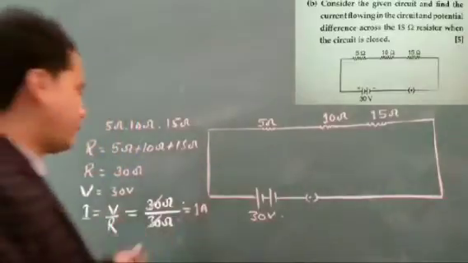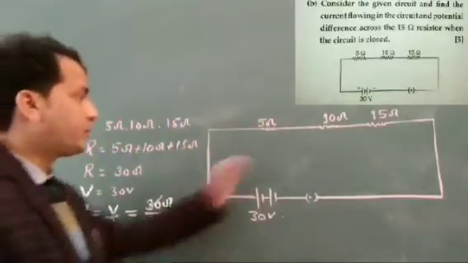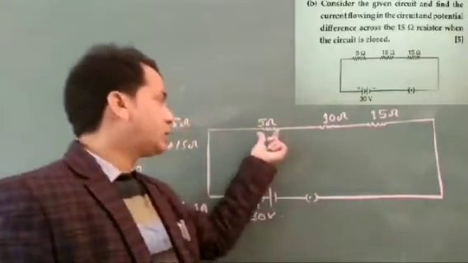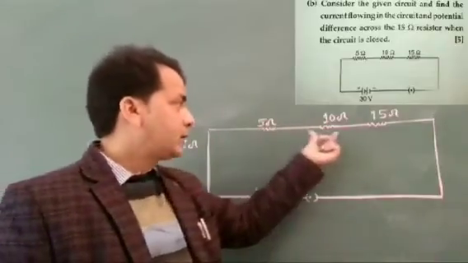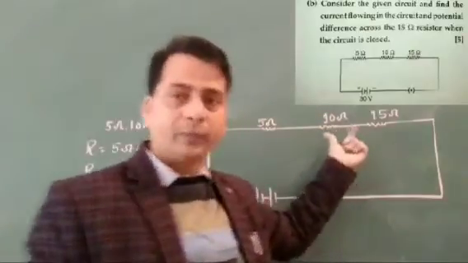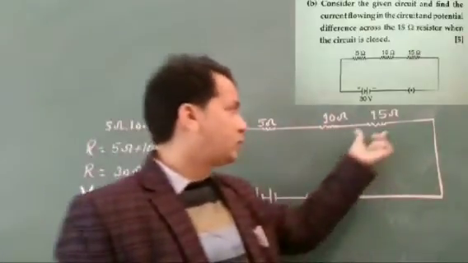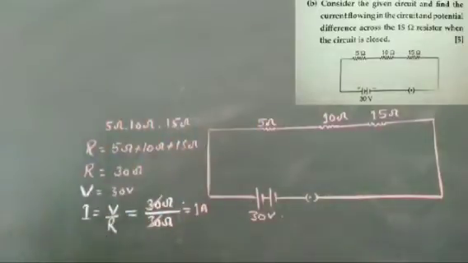So the current flowing in this circuit is 1 ampere. 1 ampere current flows through the 5 omega resistor, 1 ampere through the 10 omega resistor, and 1 ampere through the 15 omega resistor.